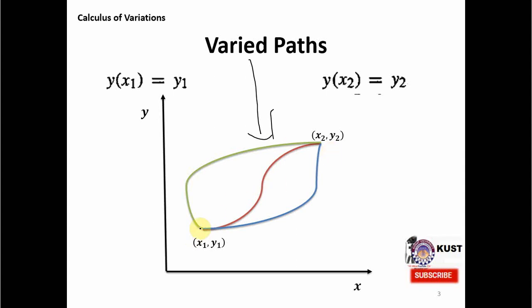We will know how to construct the actual path from the calculus of variations, but at the moment, just to give an idea that we can have an infinite number of paths which pass through these 2 points. So the only condition on these varied paths we are putting is that the starting point and end point, all the paths will pass through these points.